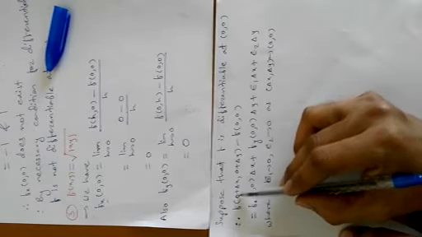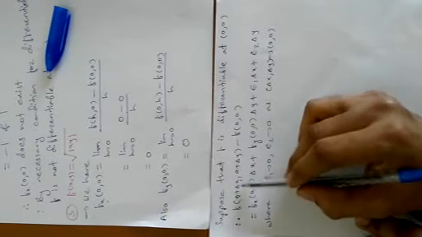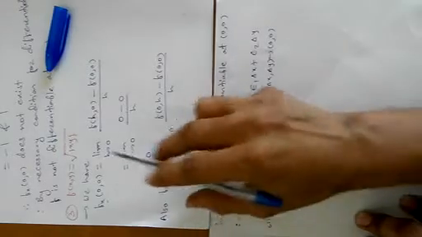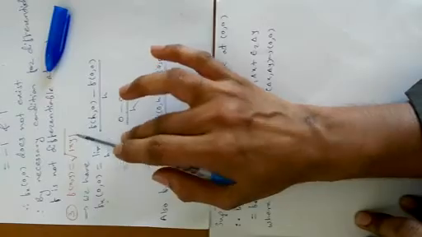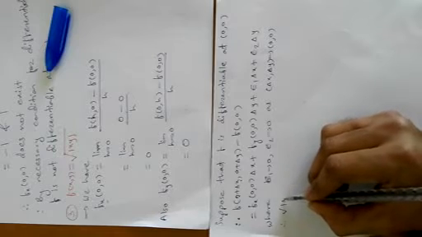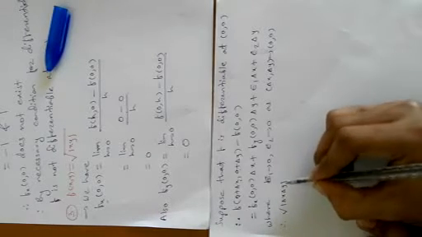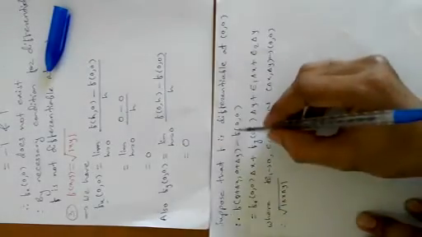Now 0 plus delta x will be delta x, 0 plus delta y will be delta y. Therefore f of delta x, delta y, as f of xy is under root mod of xy, will be under root mod of delta x, delta y, minus f of 0, 0 which is 0. So no need to write.